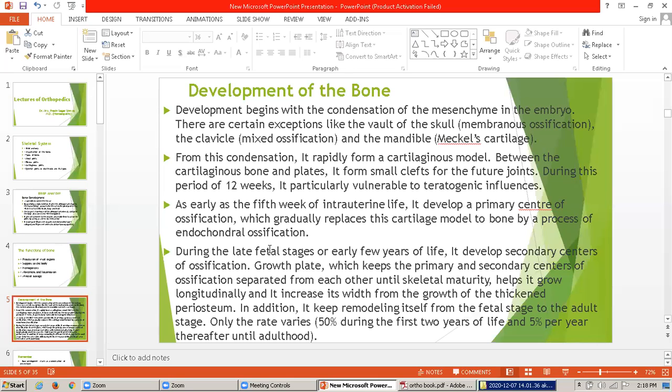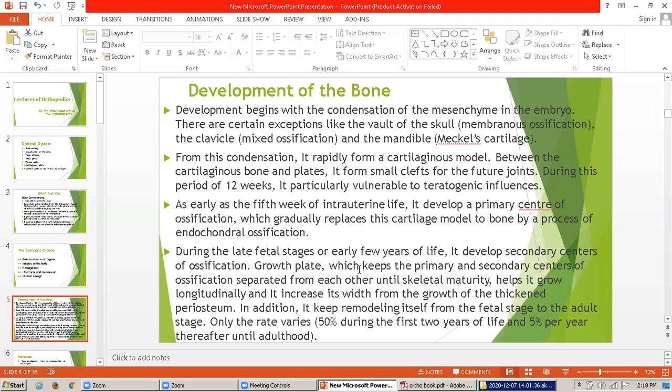So, during the late fetal stage or early few years of life, it develops secondary centers of ossification.